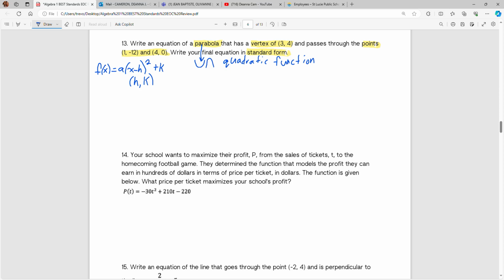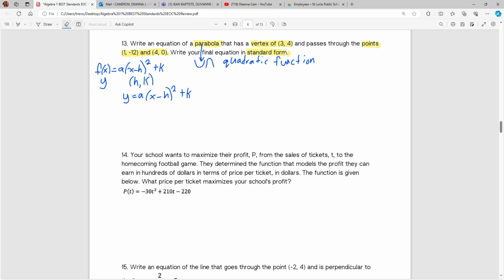So I'm going to start with this, and I'm going to call my f of x y. So I'll rewrite that under here. y equals a times (x minus h) squared plus k.